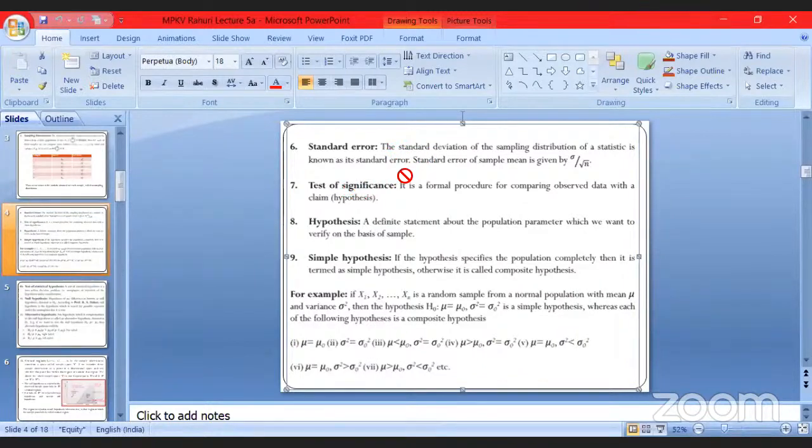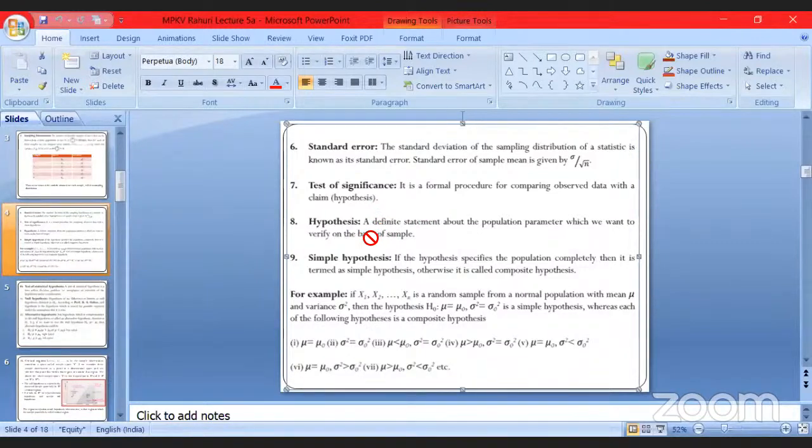Okay, this is a clear MCQ. Now test of significance is there. It means you have to see whether the hypothesis which you have taken is right or wrong. Till now it was a little brushing up of the general knowledge on the hypothesis theory portion. Now we'll come to what is known as hypothesis. Hypothesis is a definite statement. It is not a tentative statement. Tentative statement comes in probability.